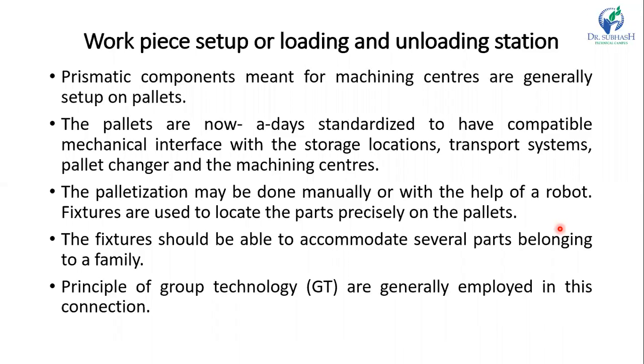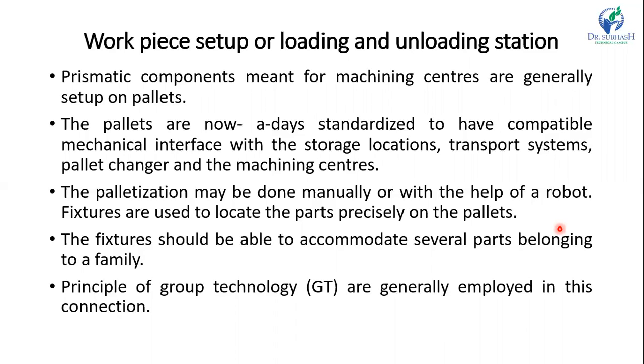The fixtures may even be permanently fixed to the pallet, which in turn may also have provision for automatic clamping actuated hydraulically or pneumatically. Several setup stations may be combined to constitute a central clamping and unclamping station. When the workpieces have relatively low weight and size, they may be directly loaded onto the machine by a robot or a manipulator.